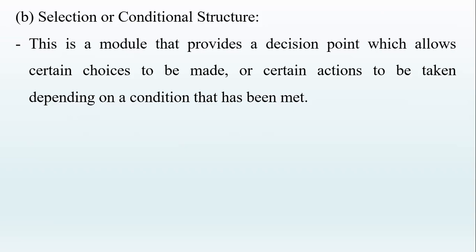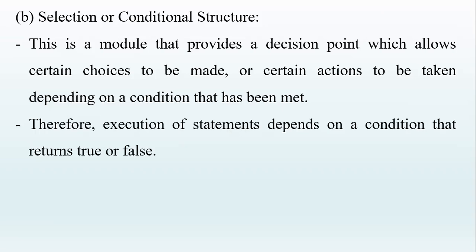The second type of structure is selection or conditional structure. This is a module that provides a decision point which allows certain choices to be made or certain actions to be taken depending on a condition that has been met.